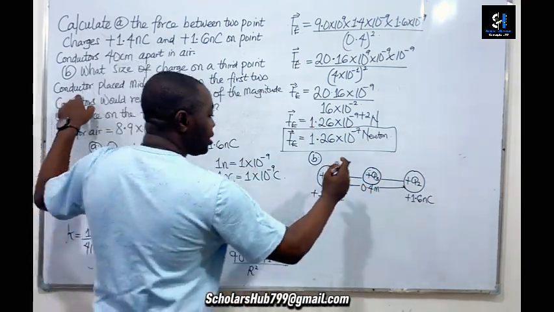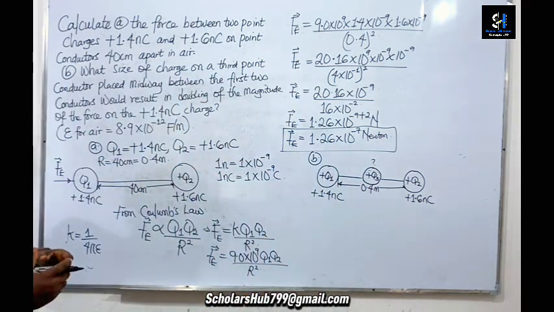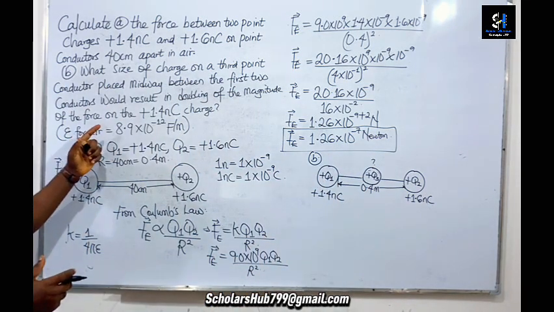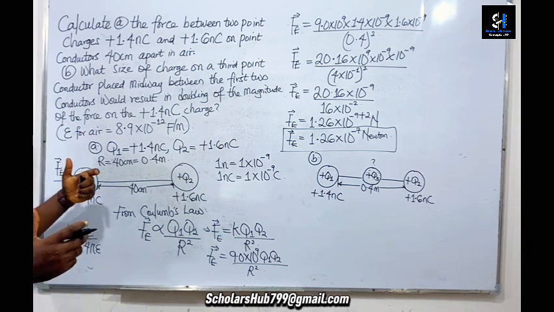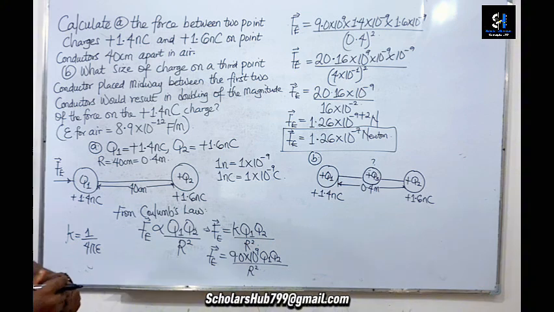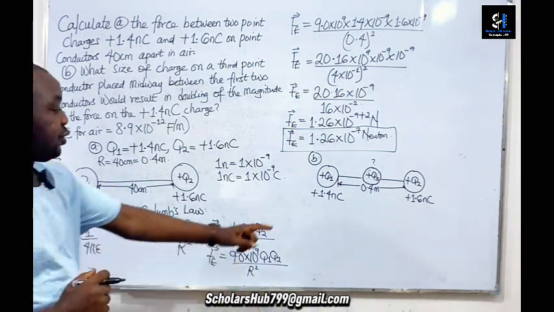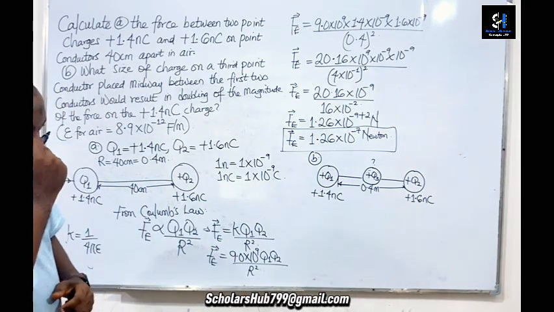What is the magnitude of this charge, placed midway between the first two conductors, that would result in doubling of the magnitude of the force on the positive 1.4 nanocoulomb charge? Now, this is it.